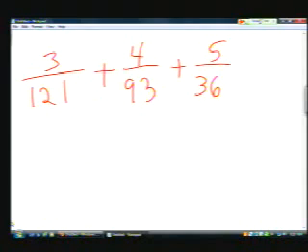Well, what you're going to need to do is factor trees on each one of these. In other words, you're going to have to factor 121. Let's go through some of our rules about if it's divisible by, let's start with 2. Is 121 divisible by 2? Let's go to Rachel. What do you think?